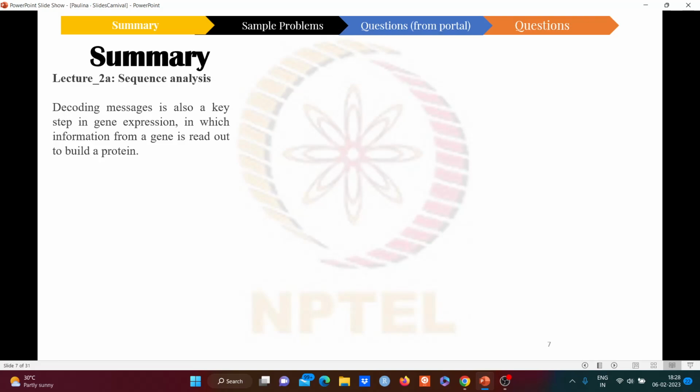Similarly, there is a secret code, a decoding that happens from nucleotide to protein, from the DNA level to the protein sequence level. Decoding messages is a key step in gene expression, in which information from a gene is read out to build a protein, which allows DNA and RNA sequences to be decoded into the amino acids of a protein.